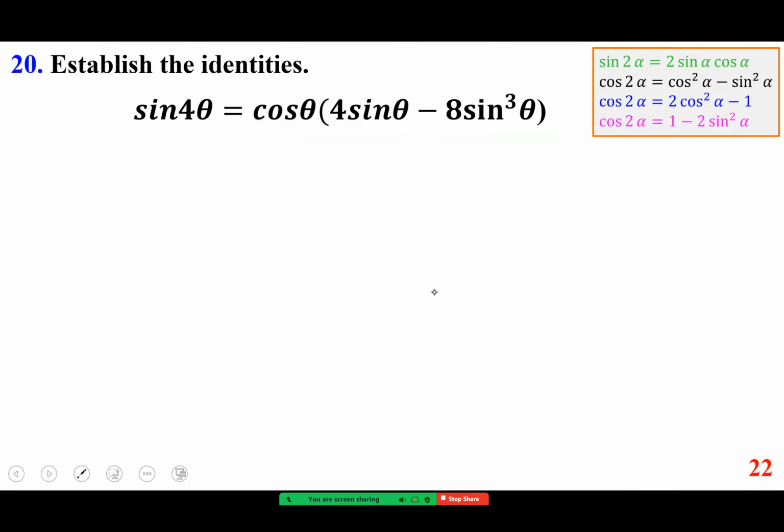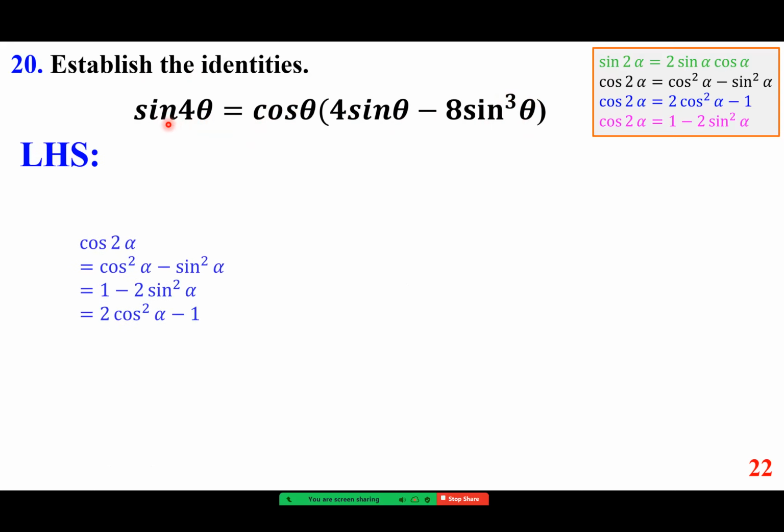Now, this one, we've done in class already. I want to show you a slightly different method. We established the identity from the more complicated side; we went from the right-hand side to the left-hand side. Now, if they say just come up with the answer for sine 4 theta such that it doesn't have multiples of theta, you start with the left-hand side and you have various formulas to use.